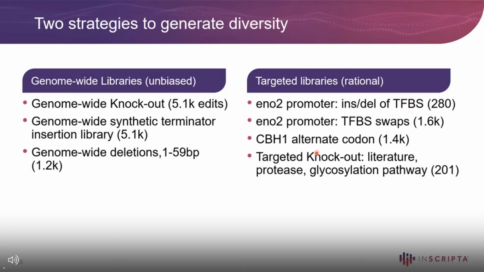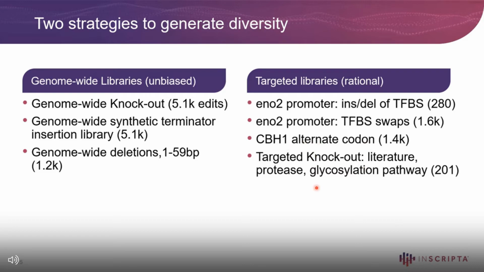I generated a CBH1 alternate codon library, which is a site saturation synonymous mutation library, where you take every codon and change it to all other codons that encode the same amino acid. Basically, we were trying to do codon optimization in the context of the gene integrated into the genome. Then I have another library called the targeted knockout library.